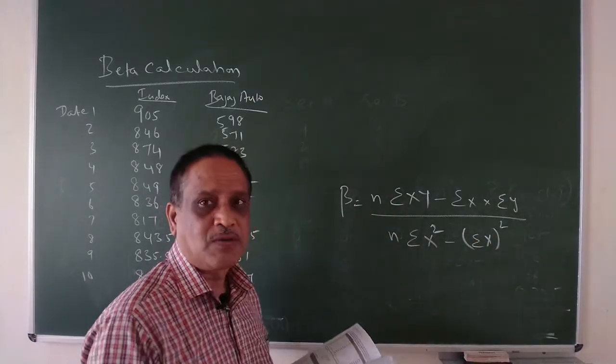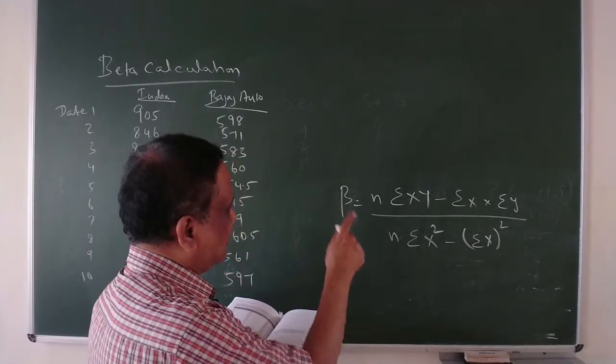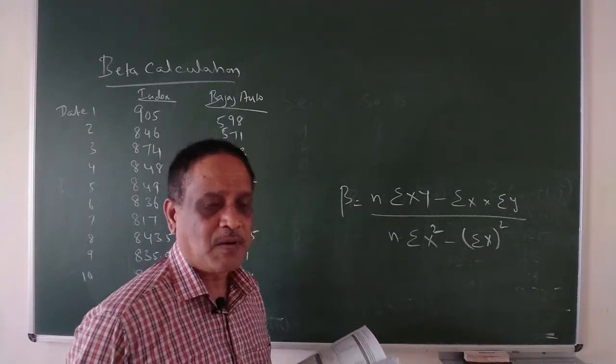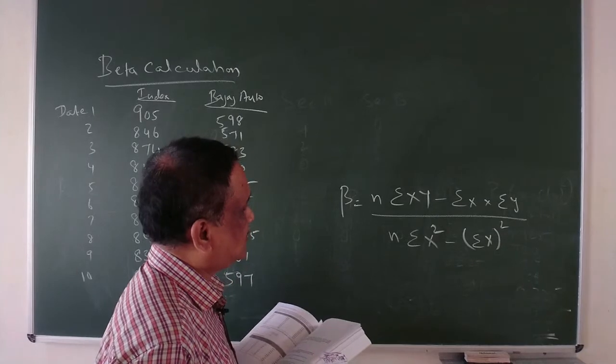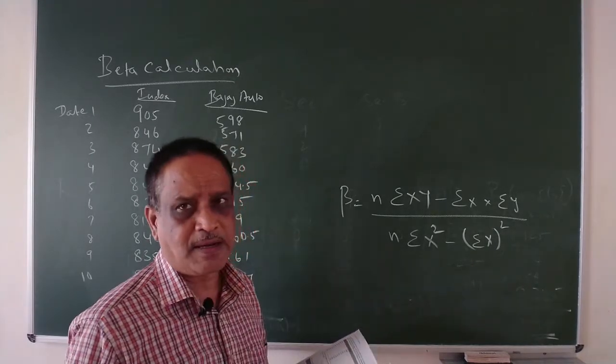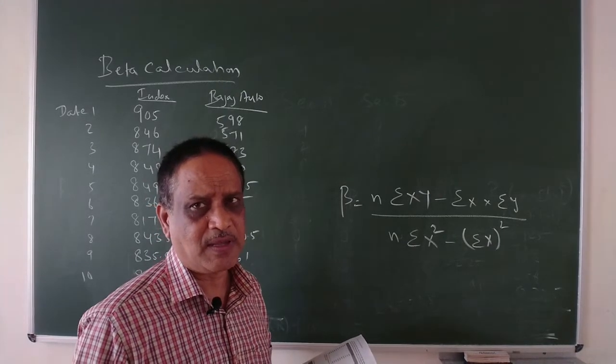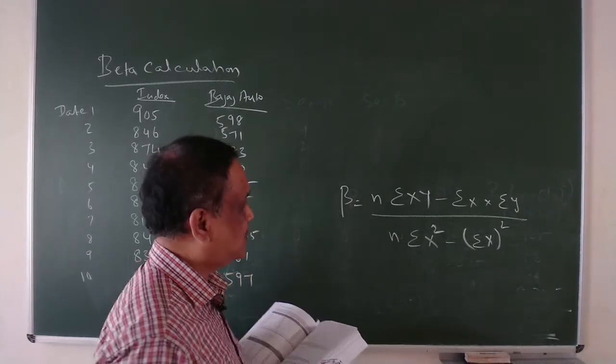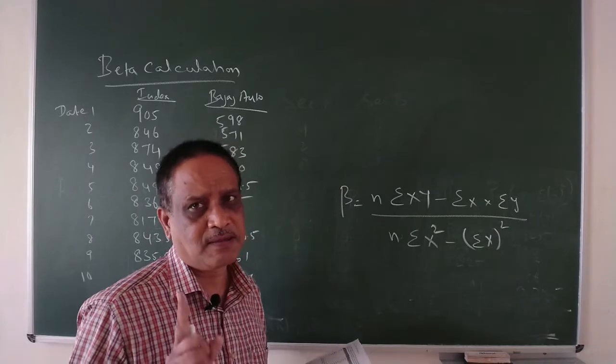Okay. So, this you have to memorize. N sigma xy minus sigma x into sigma y divided by n sigma x square, and x is the index return. Please remember carefully, x is the index return, y is the share return.